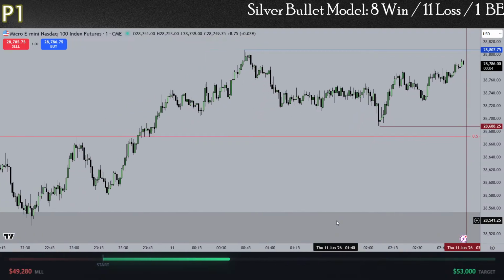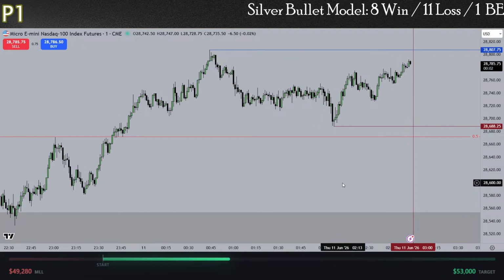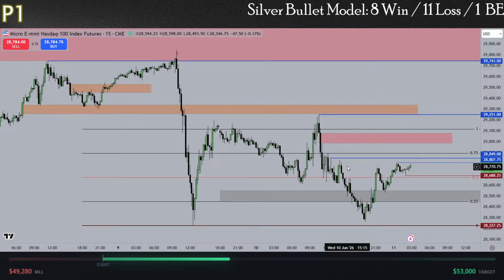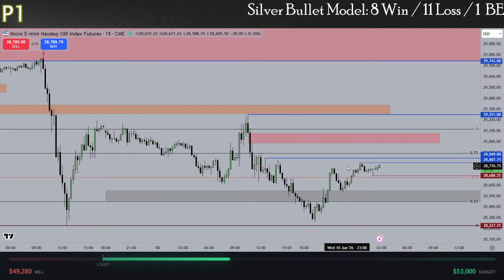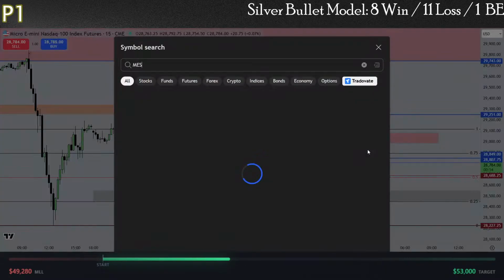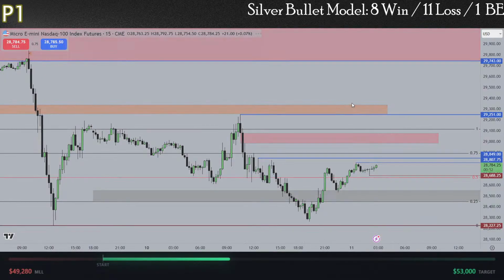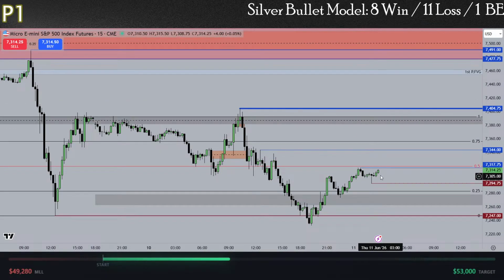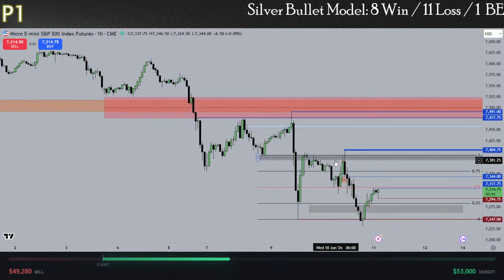Initially, it seems like Nasdaq is a little bit stronger, potentially stronger versus ES, nonetheless, but both are looking relatively similar regardless.